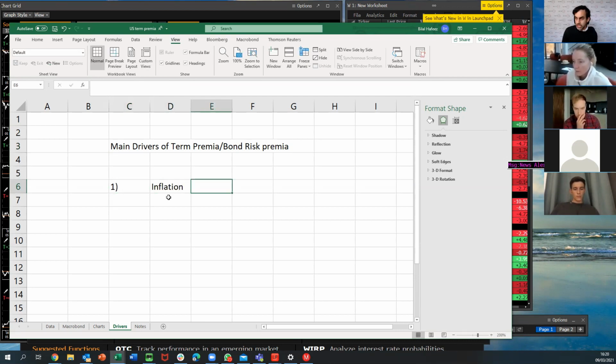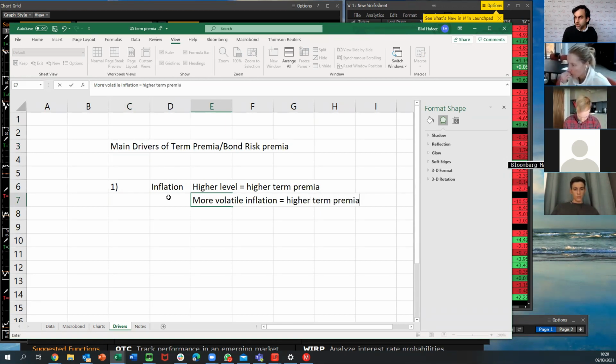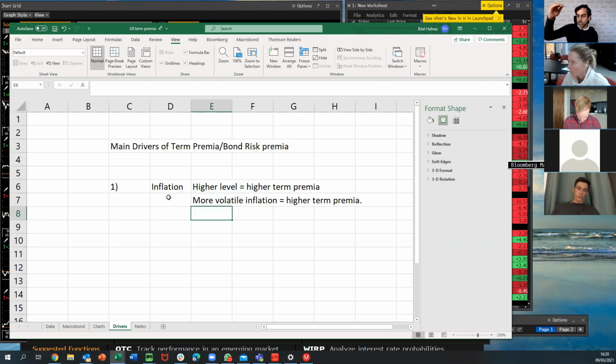So generally speaking, the higher the level of inflation, the higher the term premia. And then more volatile inflation, so higher volatility equals higher term premia. And they often go together. Often when you have high inflation, it's also more volatile as well.